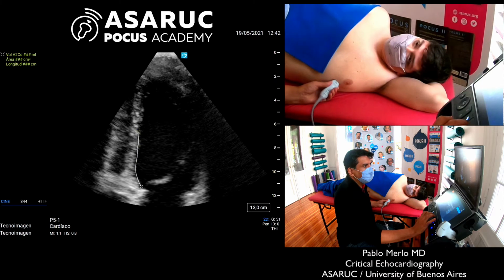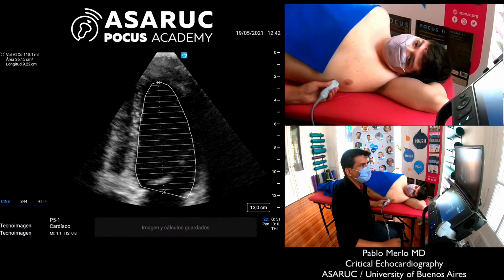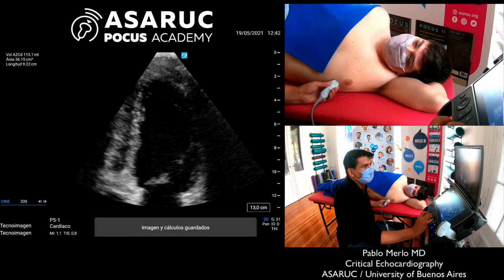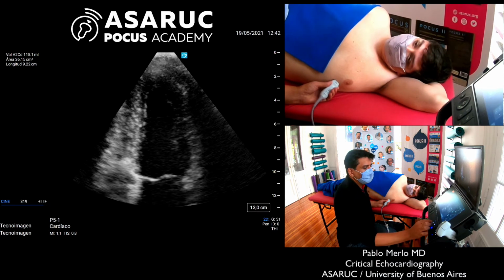So we do the same measurements. Left ventricle volume at end diastole and then at end systole. Now the device tells us that the length of the left ventricle has not changed significantly, no more than 10% with respect to the 4-chamber image, which means that the views are consistent.